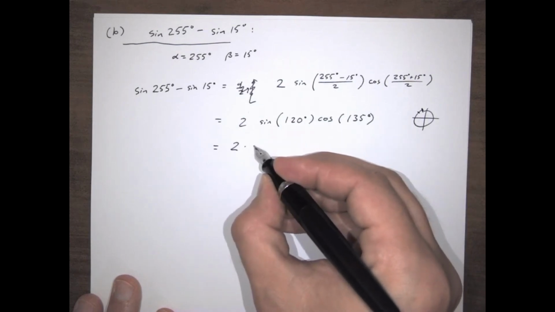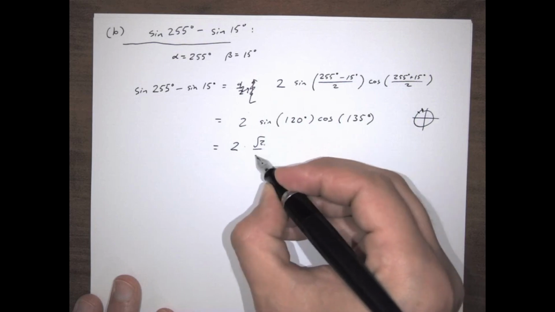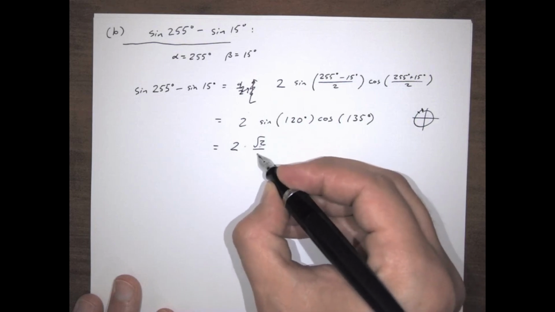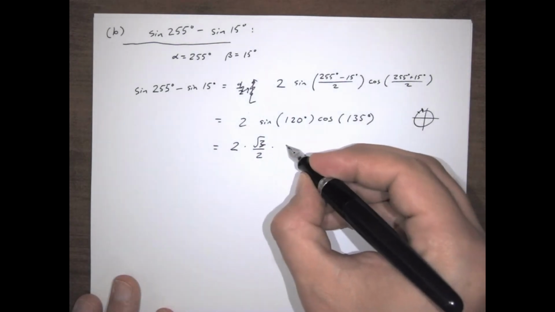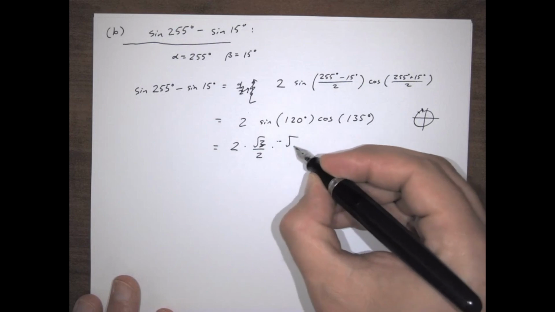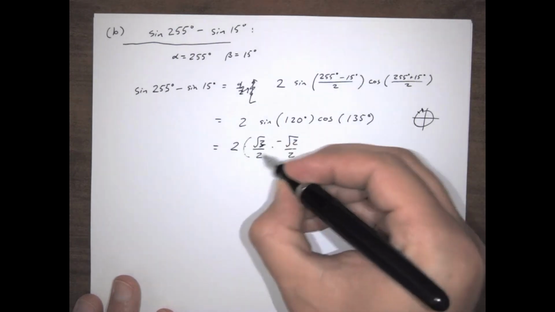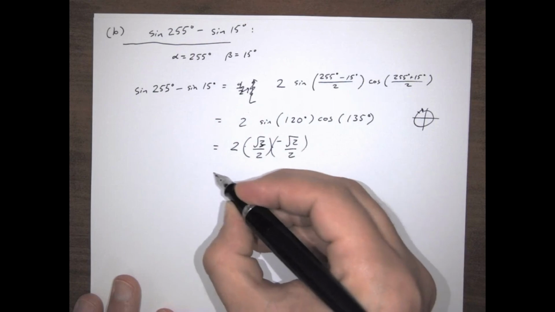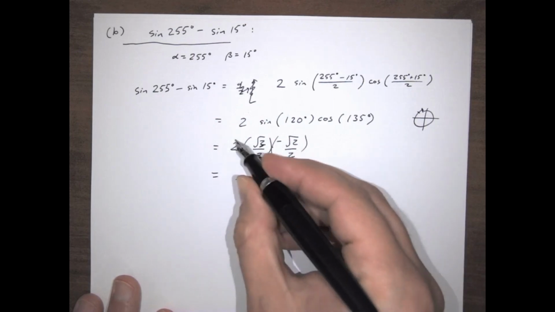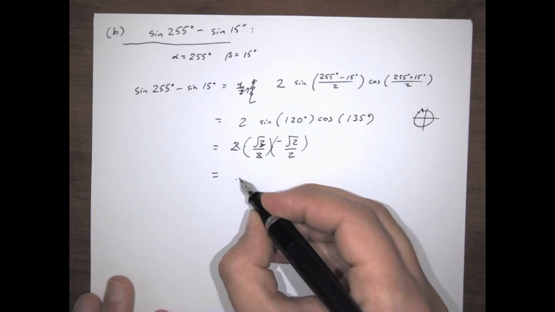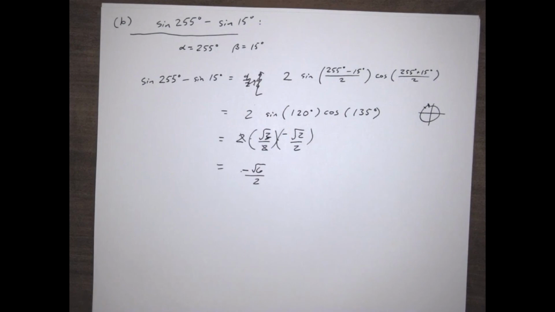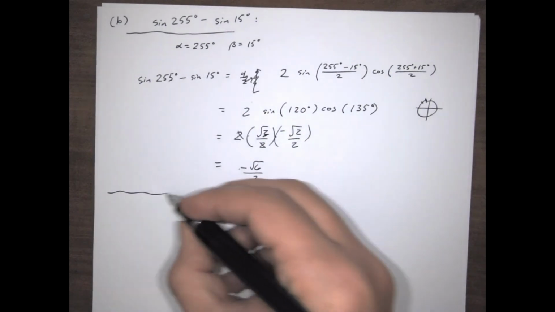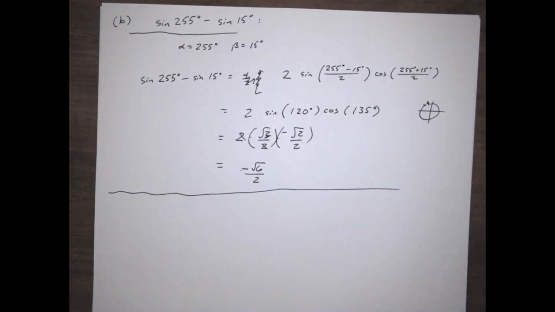So the sine is going to be root 3 over 2, and the cosine here is going to be negative root 2 over 2. And so what do we have all together? One of the 2's will cancel, and we're going to have negative root 6 over 2. So that's how we would use these if we had specific angles given to us.